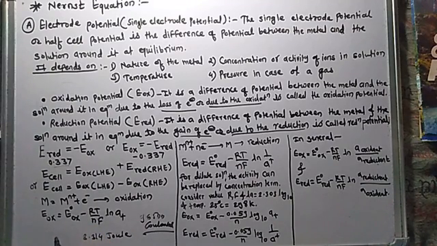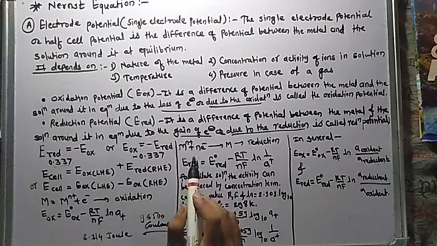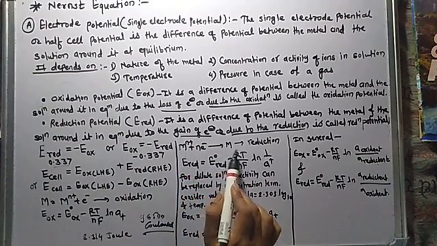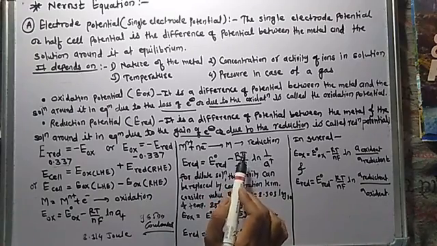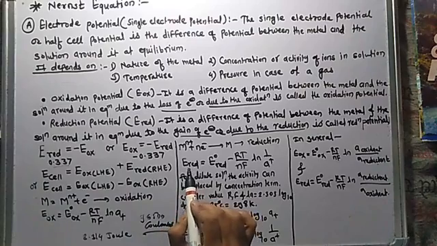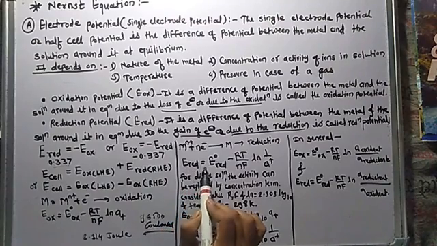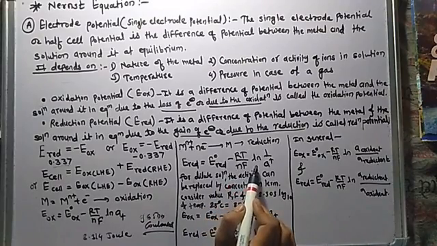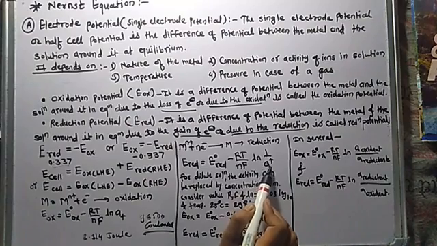Now, if we consider the reduction Nernst equation, it is represented as M n plus plus n electrons gives M. It is the reduction process, and in that the Nernst equation is E reduction is equal to E standard reduction minus RT upon nF ln 1 divided by a plus.